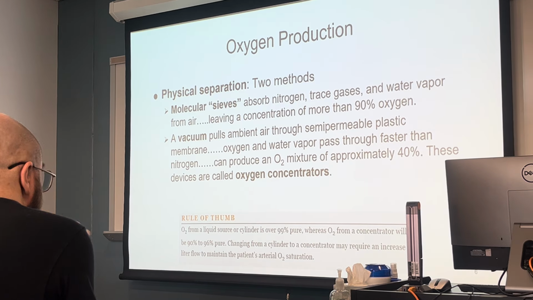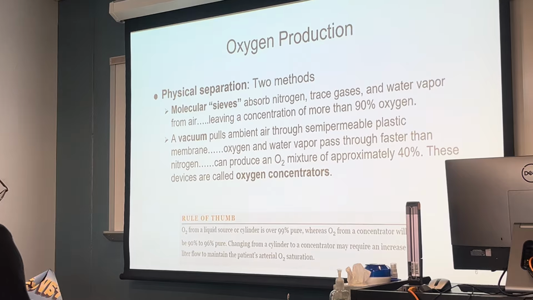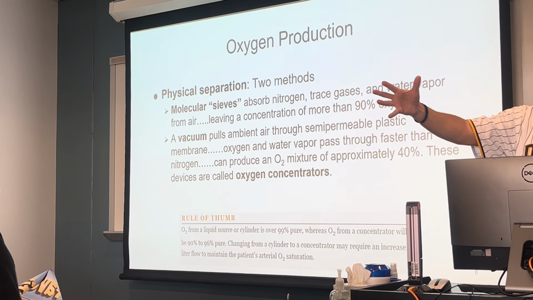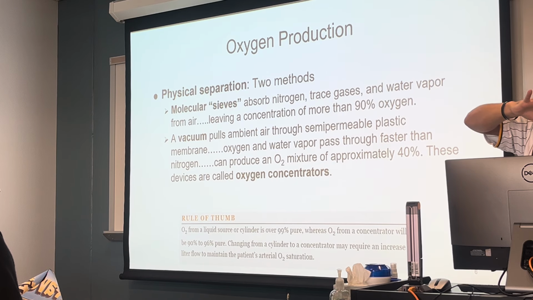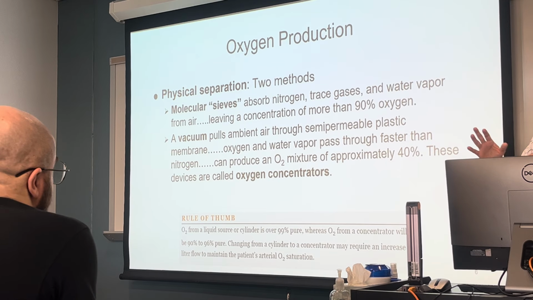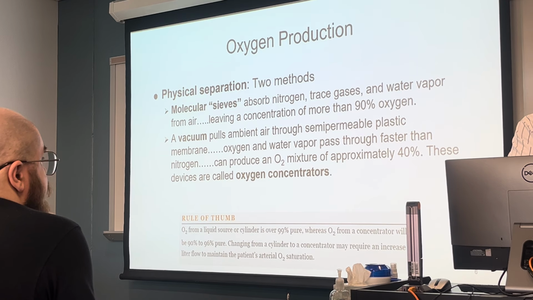That's one way. Another way is a vacuum actually pulls in regular air, which again is 21% oxygen, 78% nitrogen, argon, some other trace gases, pulls that through a semi-permeable membrane, separating all of the gases, nitrogen, argon, etc., and leaving nothing but oxygen.